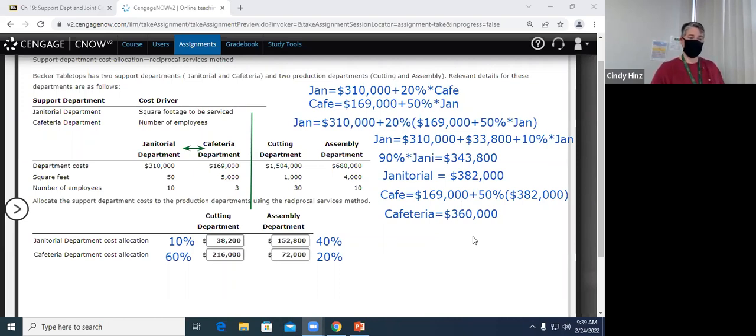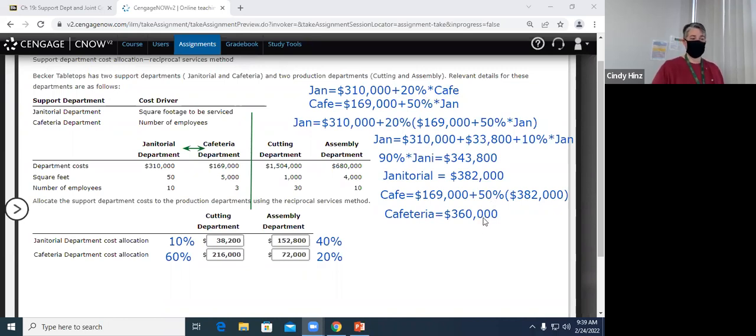So 72,000 of the cafeteria got allocated to janitorial. That's how the janitorial got from 310 up to 382, because this 382 includes the direct cost of 310 plus 20% of the cafeteria, or 72,000.